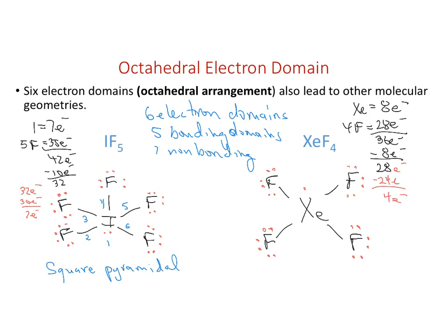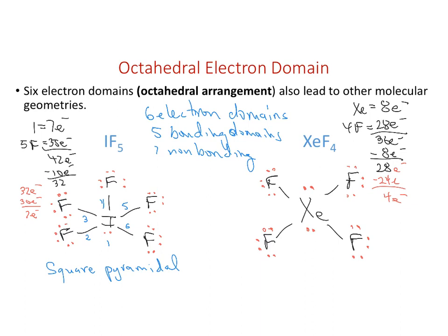Where will those electrons go? 1, 2, 3, 4 as lone pair electrons on xenon. Again, that's fine. Xenon breaks the octet rule, but xenon can break the octet rule because it has access to d orbitals. Just like with the iodine pentafluoride, xenon tetrafluoride has 6 electron domains.